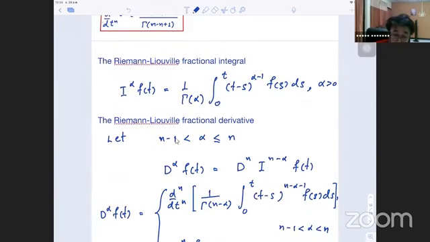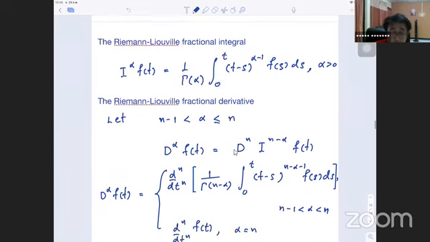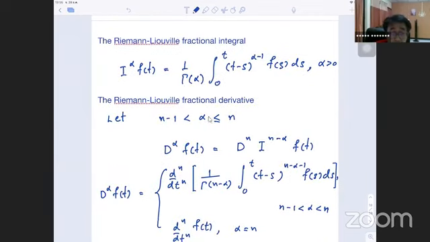Let alpha be between n minus 1 and n. Then the Riemann derivative can be written right here.